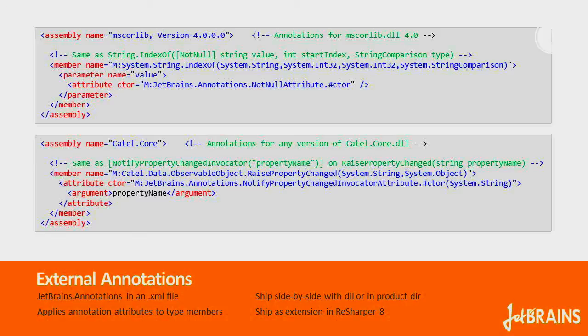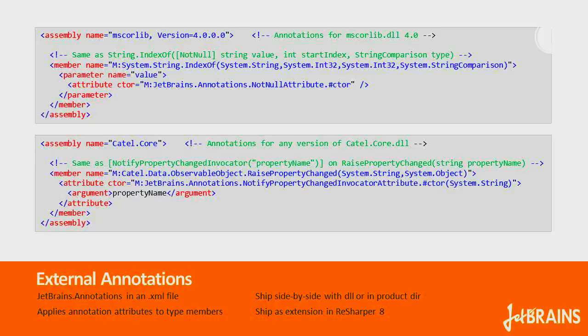And ReSharper actually ships with a whole bunch of these out of the box. These are installed in the product installation directory, and you can go and have a look. There's a whole heap of them. We have annotated all of the base class libraries, and we've provided some annotations for various third-party assemblies, such as NUnit and this example here, Catel.Core, which is applying the notify property changed invocator attribute to the RaisePropertyChanged method here.